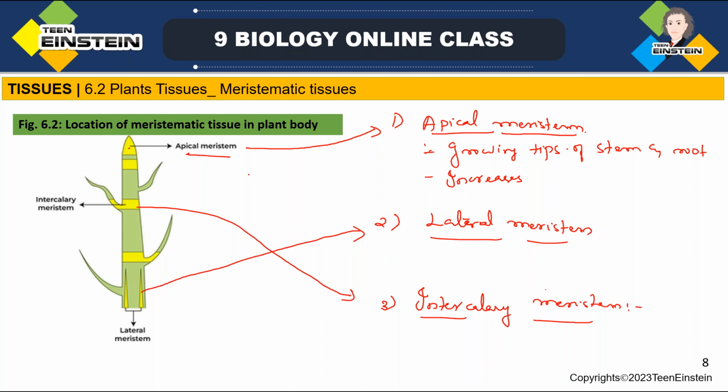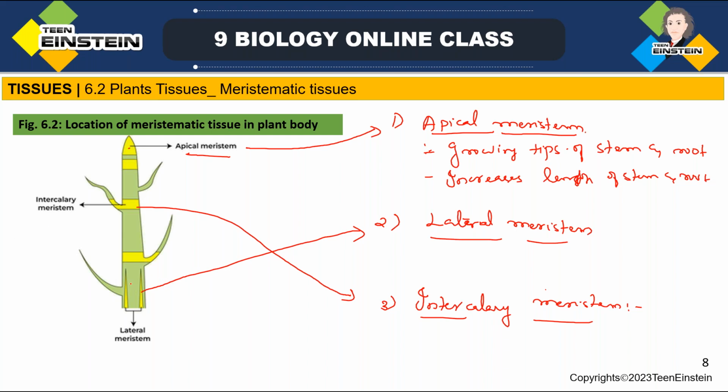So that's how it increases the length of stem and root. The apical meristem is present in the growing tips, and when the cells are continuously dividing, that's how the length of stem and root increases.